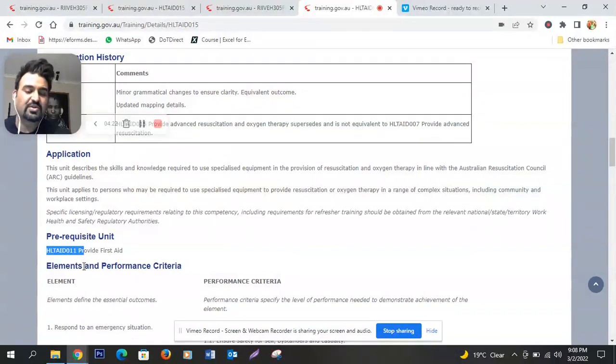The prerequisite unit for this one is HLT8011, provide first aid. Now we have made that very clear. A lot of units will have nil, which means there is none, so they can come in, and if they meet certain standards, they can attend the training.